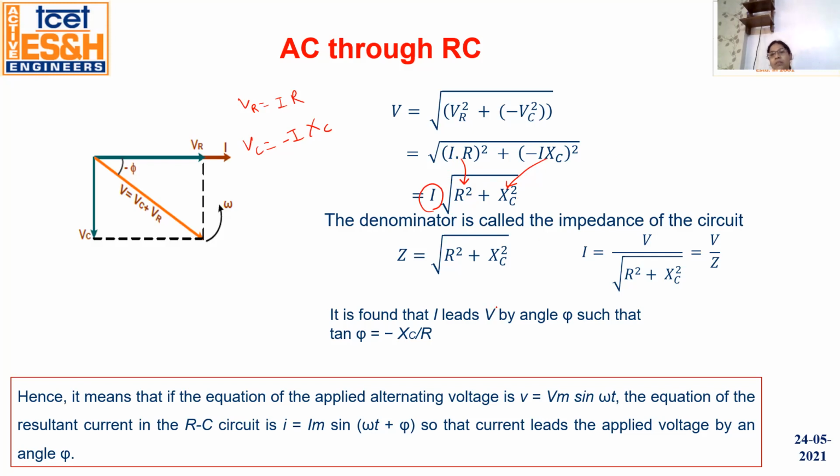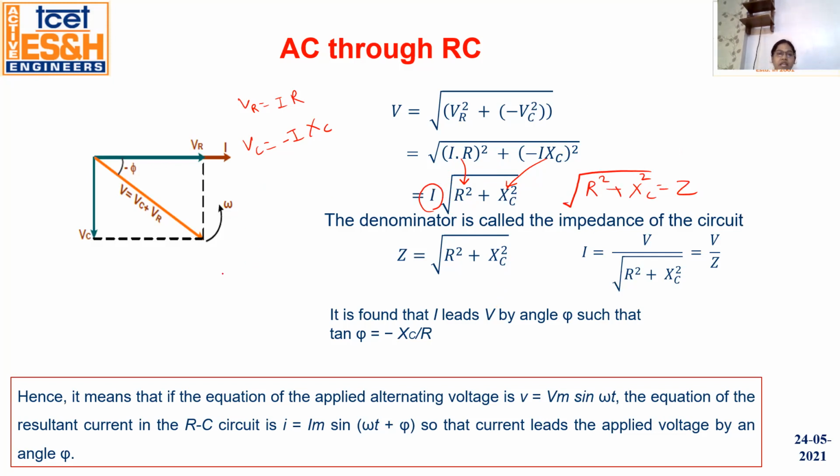Now this root of R square plus XC square is nothing but the impedance of the circuit. So this is the impedance of the circuit.